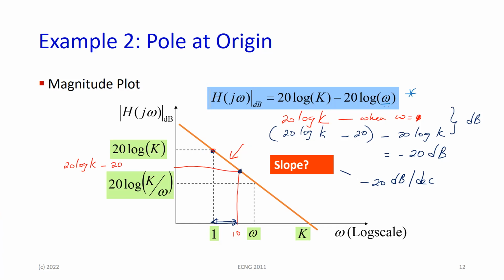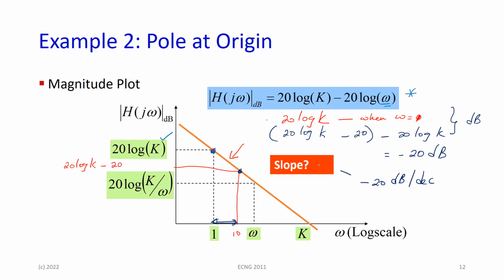When omega is 1, this point here is 20 log K minus 20 log of 1. Log of 1 is 0. So when omega is 1, the magnitude of H of j omega is simply 20 log K.